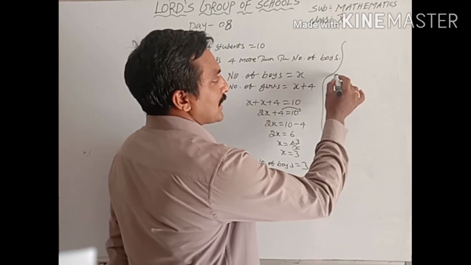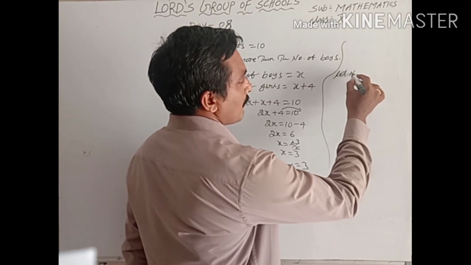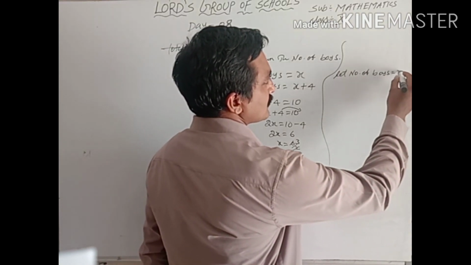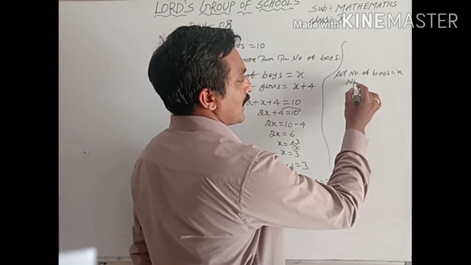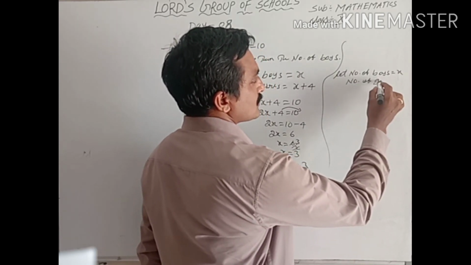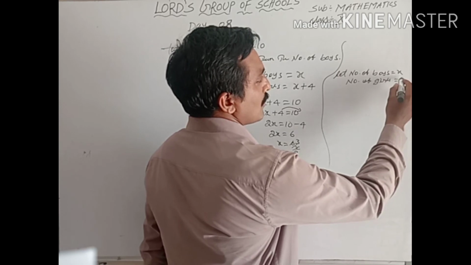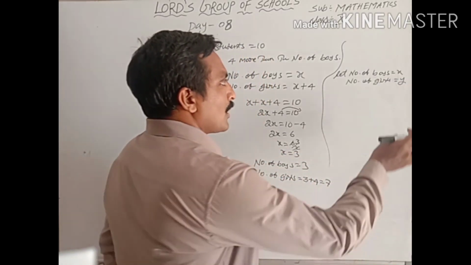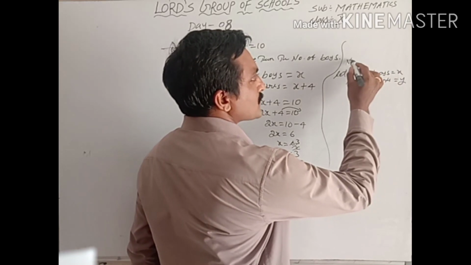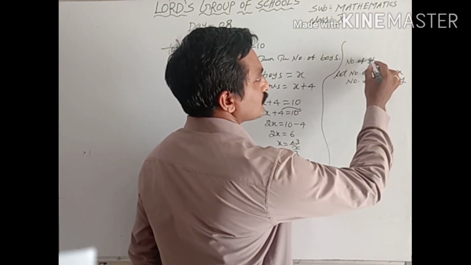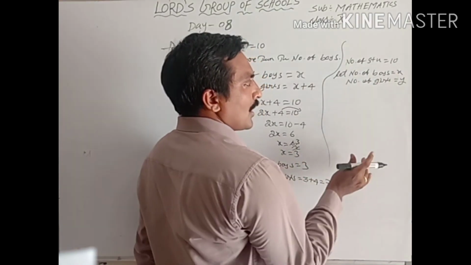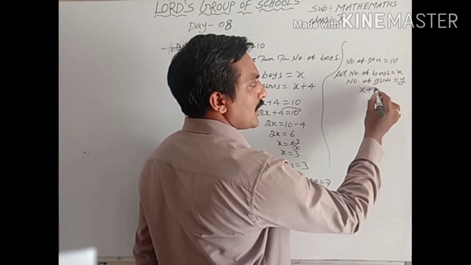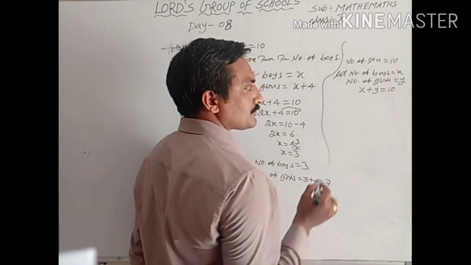See, let the number of boys be x and the number of girls be y. According to the problem, the total number of students is 10, meaning boys plus girls is 10. x plus y is equal to 10.